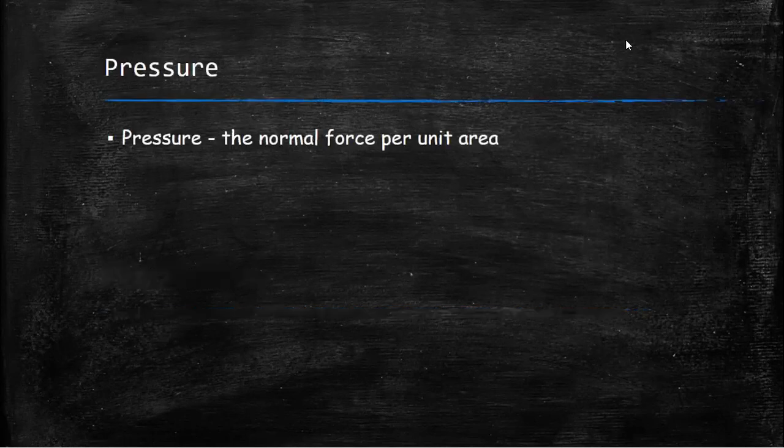While the fluid as a whole is at rest, the molecules that make up the fluid are in motion. The force exerted by the fluid is due to molecules colliding with their surroundings. We define pressure as the normal force per unit area.